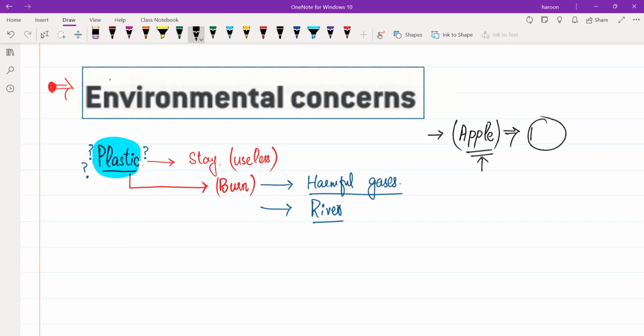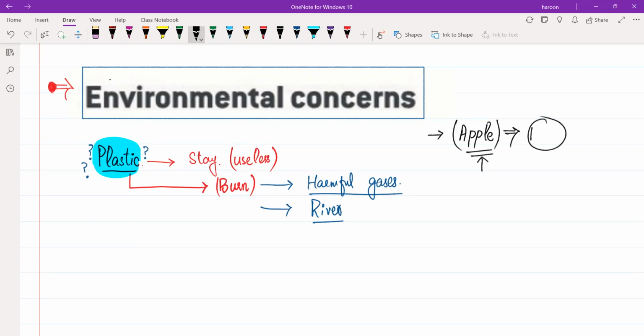We peel different fruits, like oranges or any other fruit. The peel will decompose after some time automatically, and we do not need to burn it. We do not need to do anything with that.